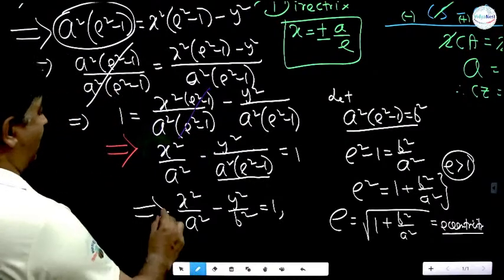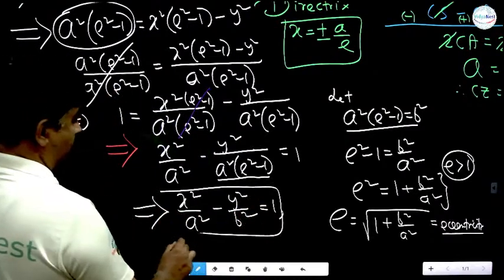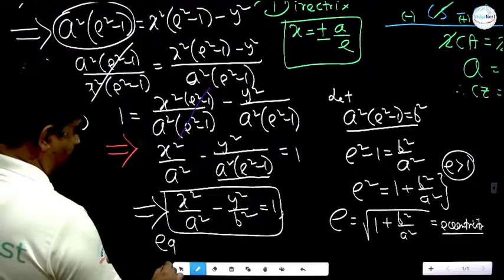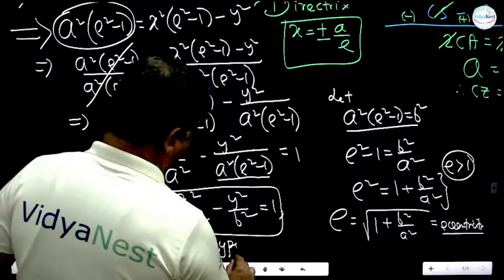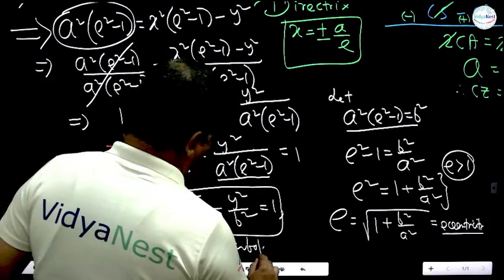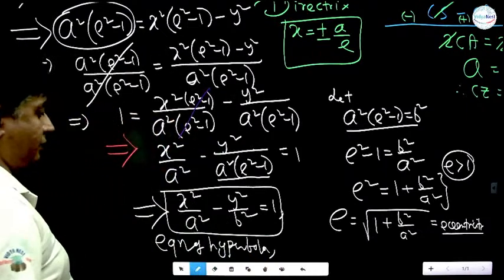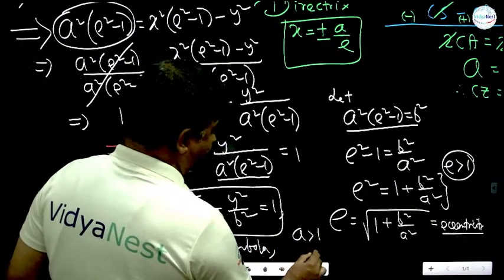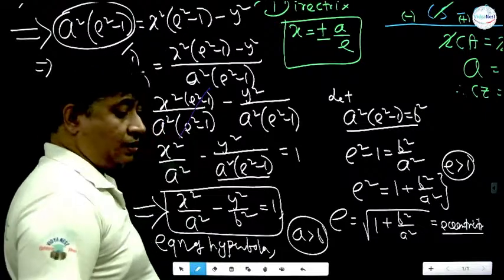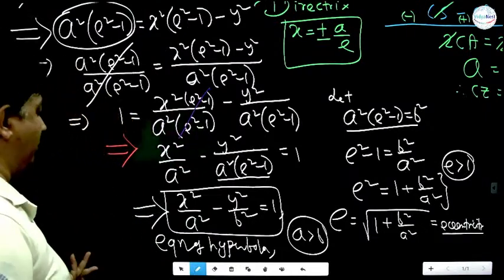So this is the equation of hyperbola. Okay, where a greater than b clearly. Okay, sir. This is the equation of hyperbola.